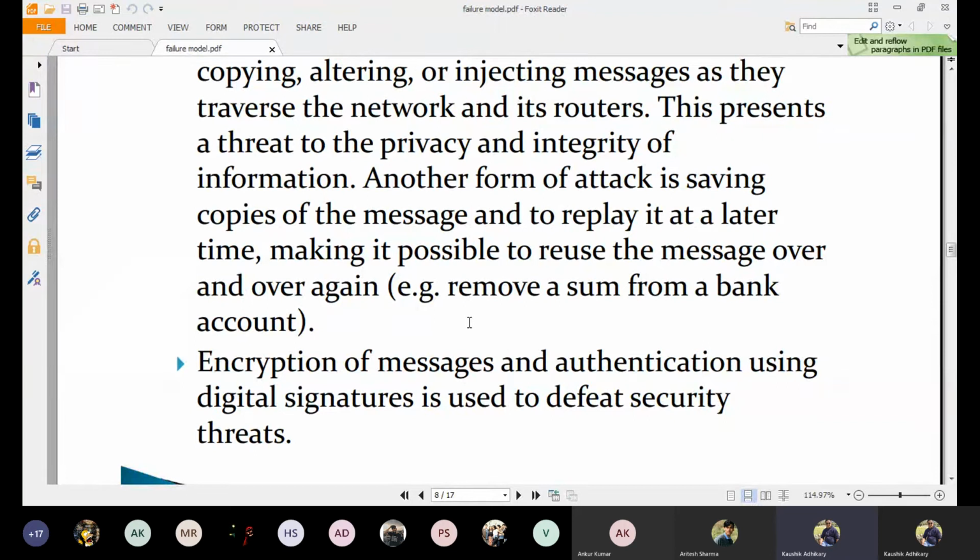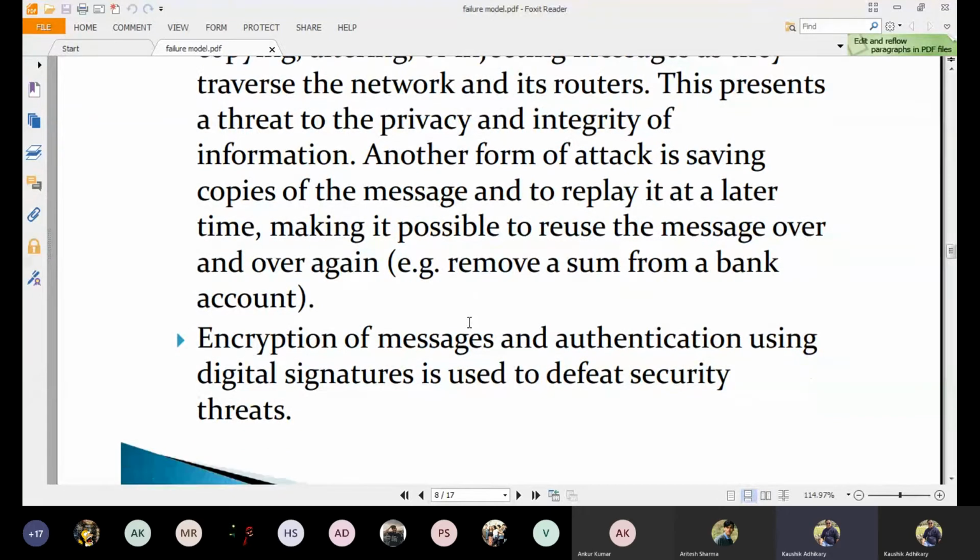If an attacker does some coding in which he is able to withdraw money from someone else's bank account, then it can also be a threat. Encryption of messages and authentication using digital signatures are used to defeat security threats. We have different types of digital signatures to prevent different types of attacks.